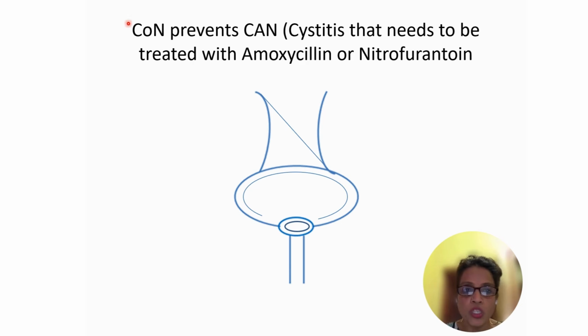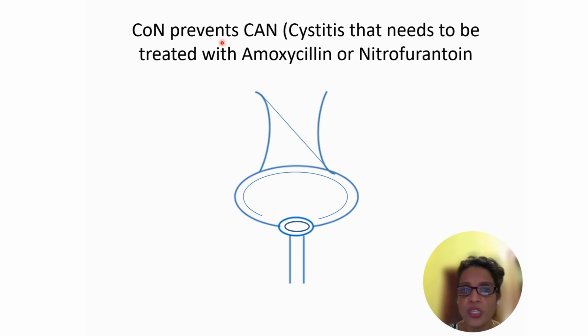So CO is cotrimoxazole and N is nitrofurantoin. Single doses of these drugs, based on the weight of the baby. You use cotrimoxazole or nitrofurantoin at bedtime to prevent cystitis, and to prevent the use of amoxicillin and nitrofurantoin for the treatment.